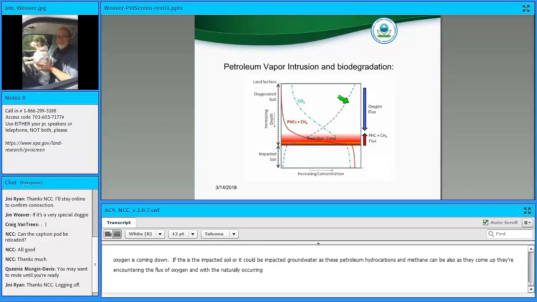So oxygen is coming in, oxygen concentration is decreasing, carbon dioxide concentration increases, and the consequence is there's a zone of biodegradation, and the petroleum hydrocarbons decrease.